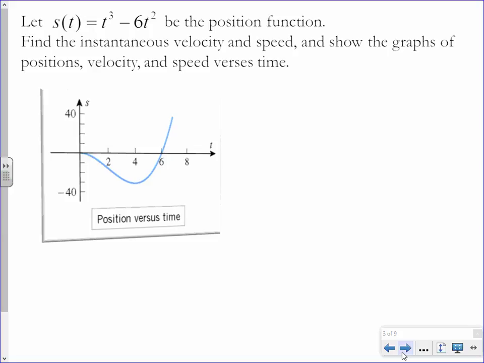When are we at the origin? Grant, when are we at the origin? If we look at that graph, when time is 6. Time is 6, do you agree?